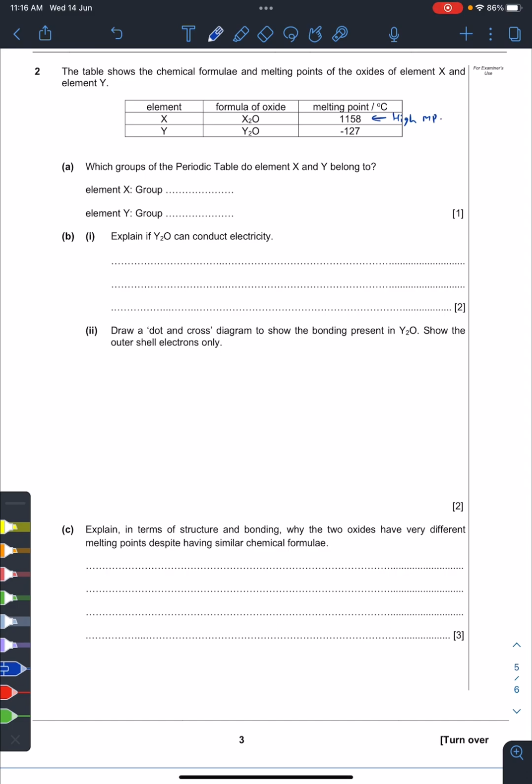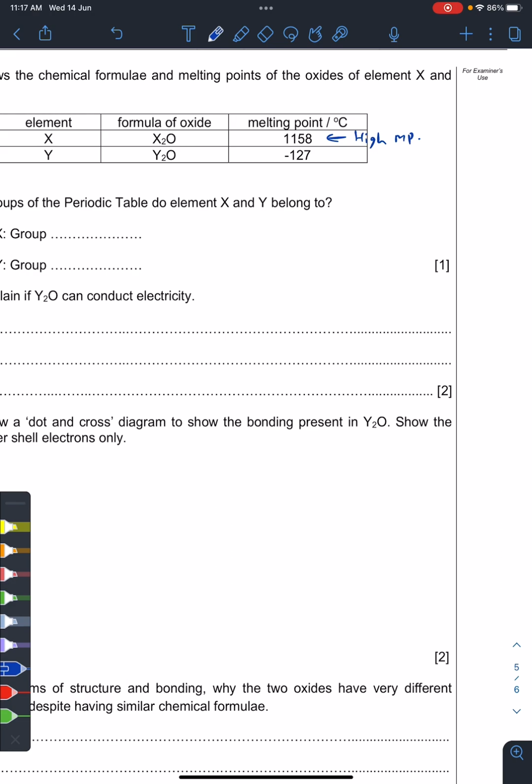What bonding have you learned so far that is high? You learn metallic. You learn ionic. You also learn your giant molecular, which is a type of covalent.